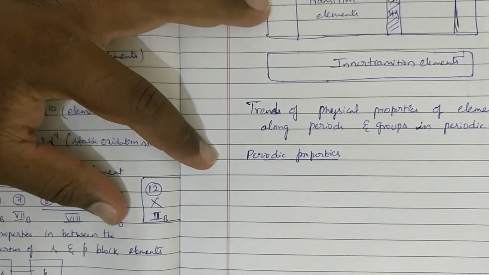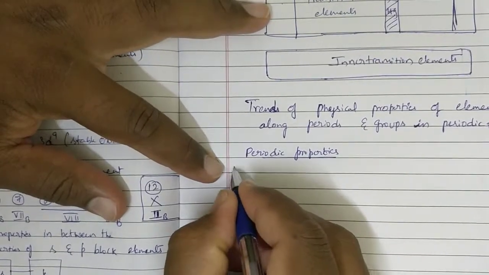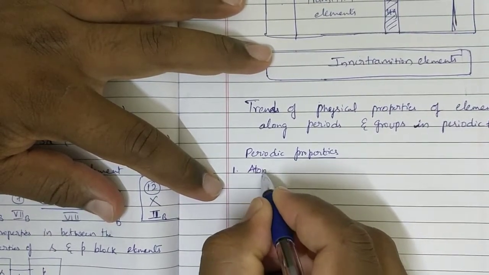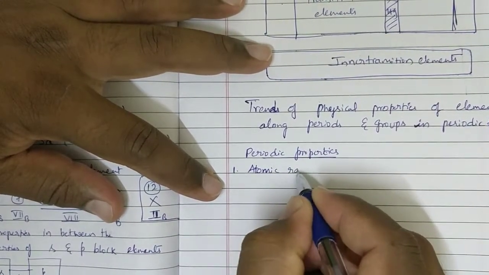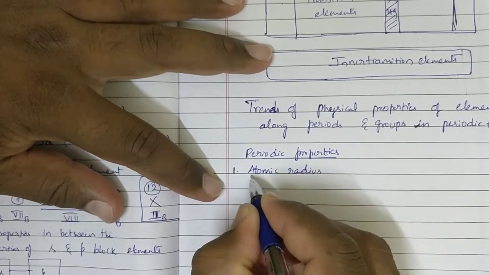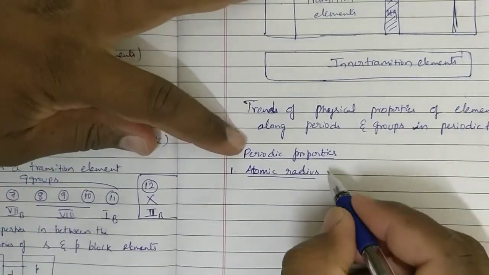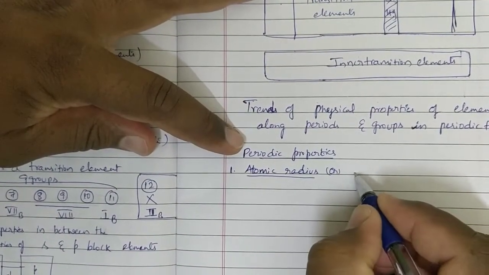In those periodic properties, our first one is atomic radius. Atomic radius is also related to atomic size.